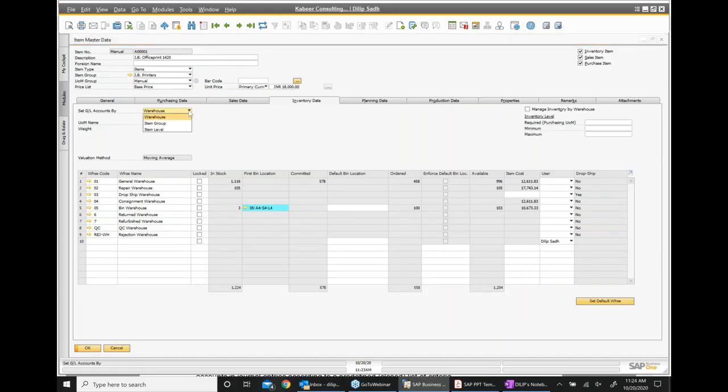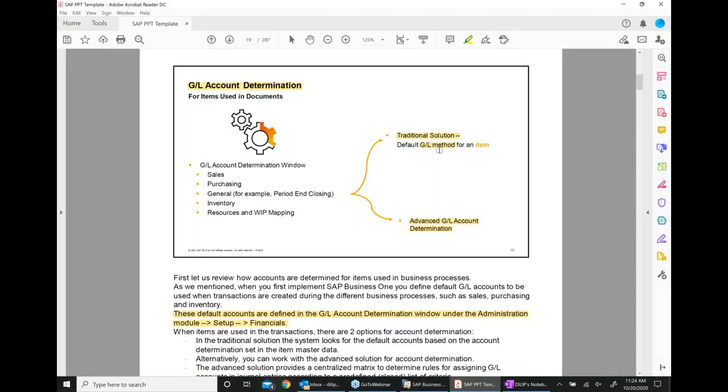I go to this drop down, and in this drop down I have three choices. You can set up GL account by warehouse, by item group, or by item. We have three choices. Default GL account for the item.